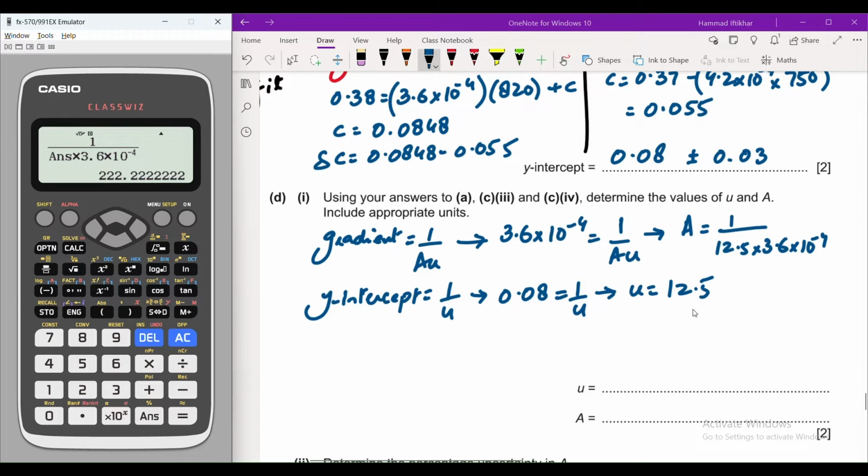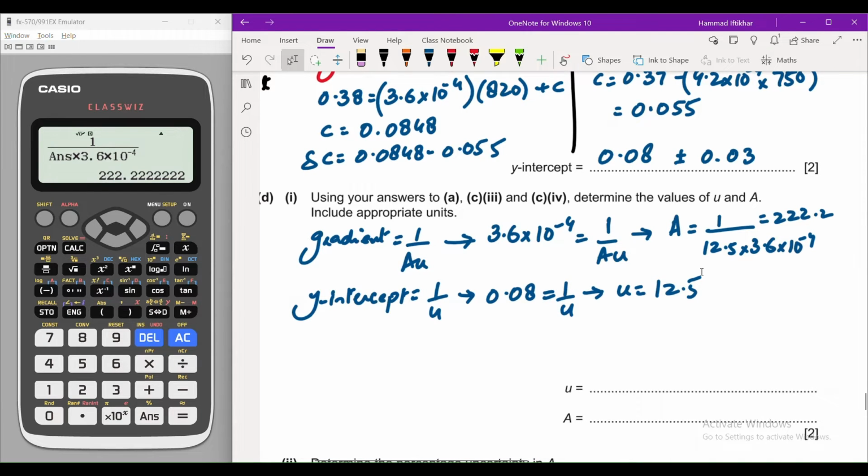So we get 222.2. Right, so we need to round it up to some appropriate significant figures. So let's not go beyond two significant figures. So for A, we will write, let's say, 220.